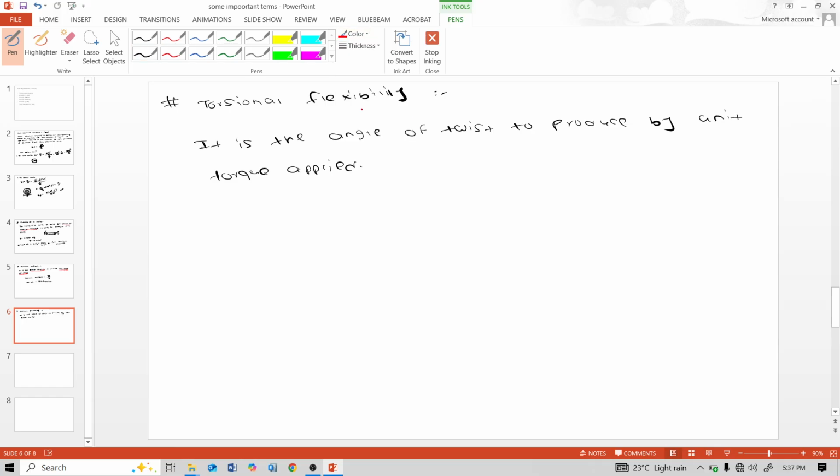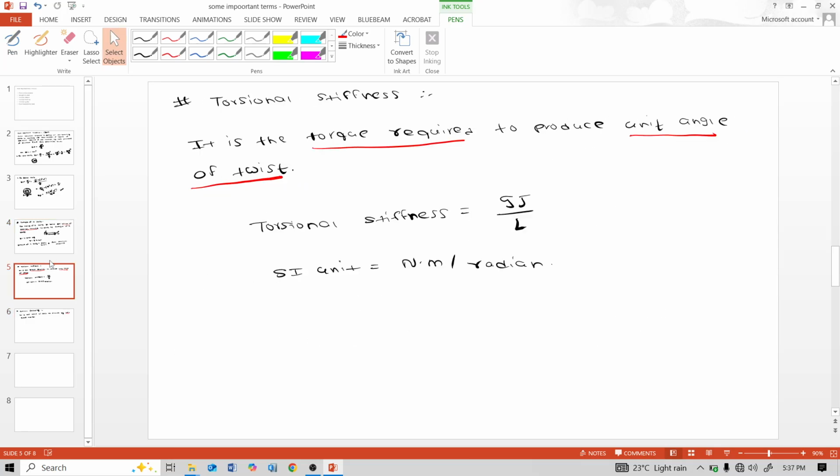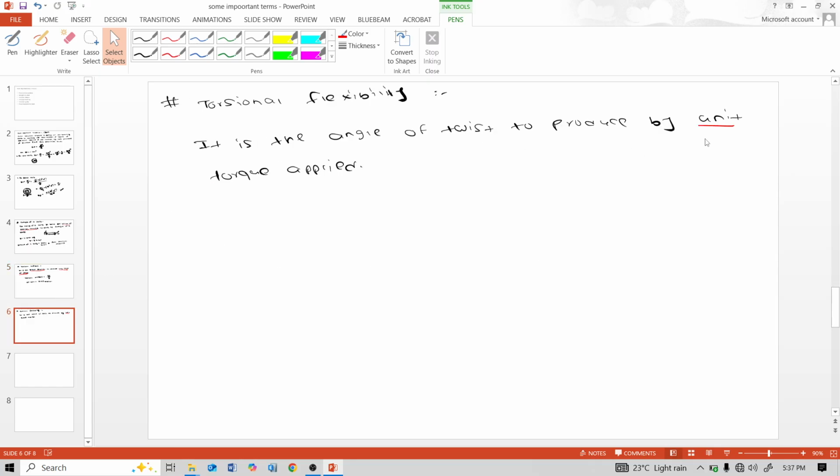The difference is that in torsional stiffness we use the word unit angle, and in torsional flexibility we use the word unit torque.